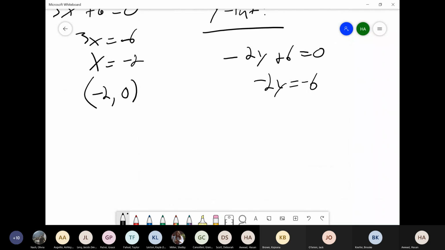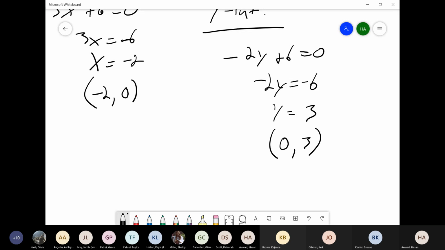Same process: just solve for your variable, undo multiplication. So we divide by negative 2, and we're left with y equals negative 6 divided by negative 2. Negatives cancel out, so we have 6 divided by 2, which leaves us with 3. So y is equal to 3. Once again, the x is just going to be a 0 because we found our y-intercept. So our point is 0, 3.